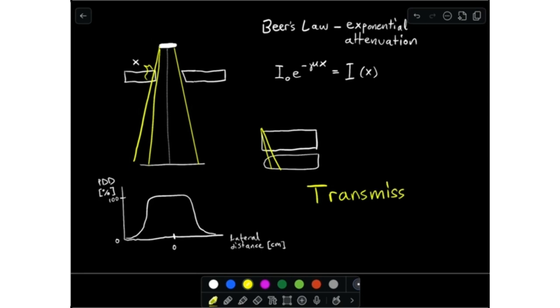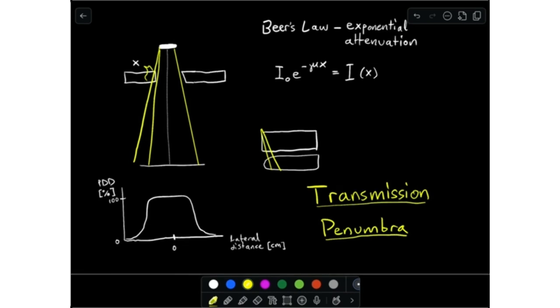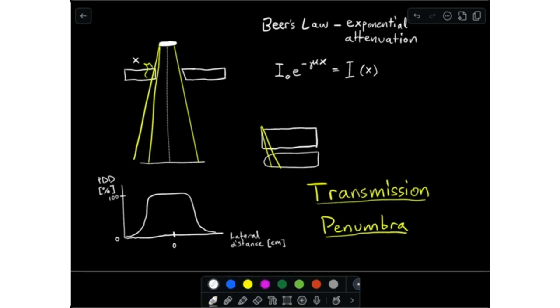And there are some other factors that contribute to this smearing out of the beam. The main factor that we could talk about next is the loss of lateral electronic equilibrium due to the photons scattered out of the beam, producing a gradient of energetic electrons in that penumbra region.